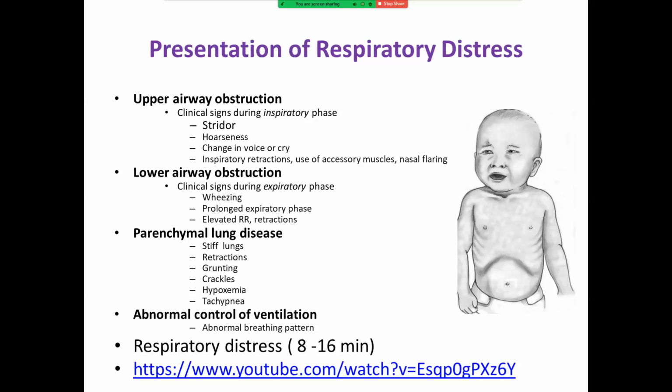Could be some structural lesions, could be oversedation as a result of narcotic administration. So post-op patient, right? Or sedation for procedure. Also post-ictal patients after they experience a seizure episode, or after they receive medication to control their seizures. So whenever we talk abnormal control of ventilation, it is the CNS that is involved.